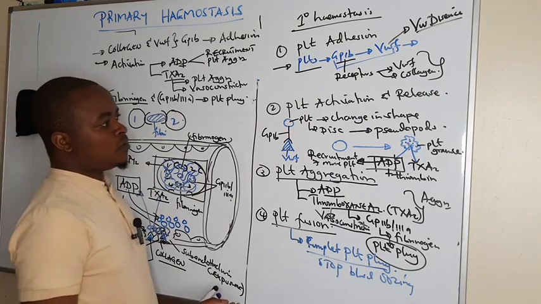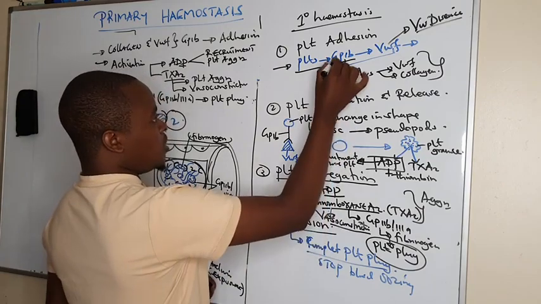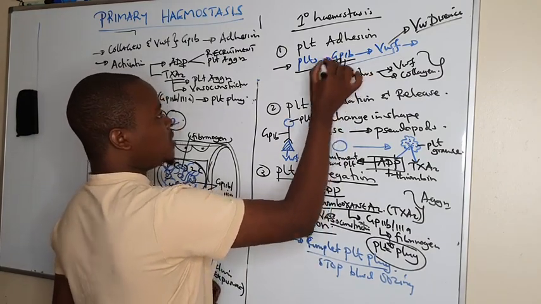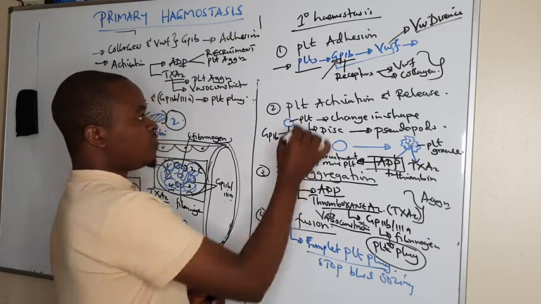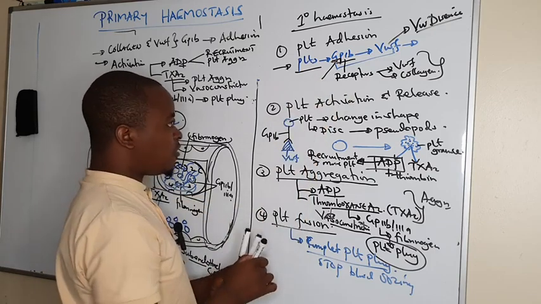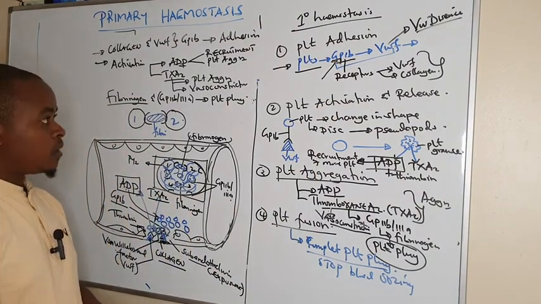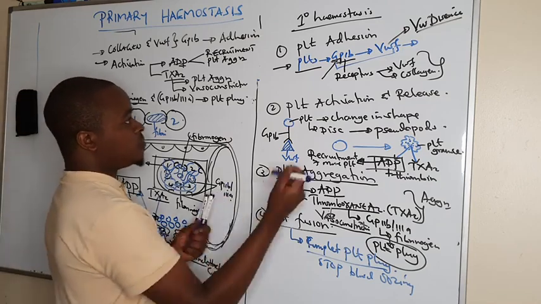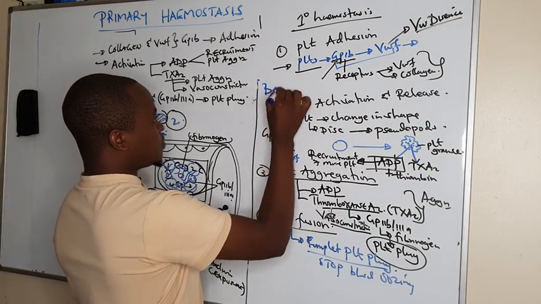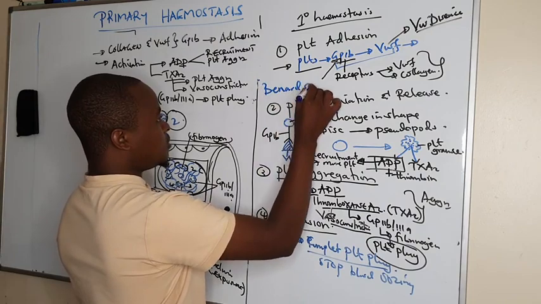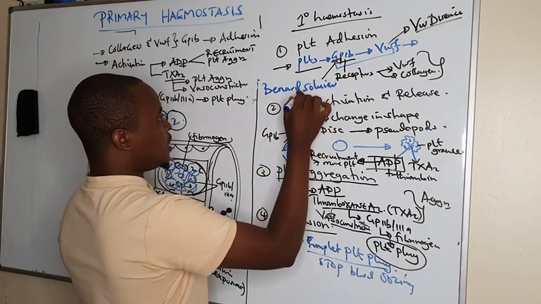Then also there are those who are born without glycoprotein 1b on the receptors of the platelets, and these ones suffer from a disease known as Bernard-Soulier syndrome.